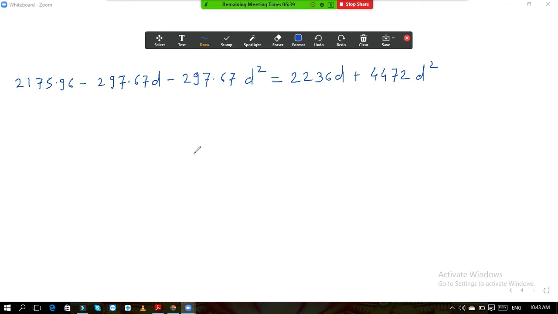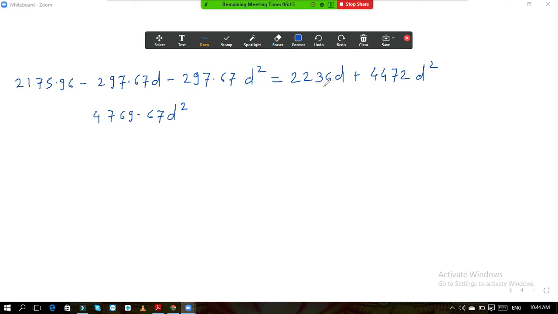4472 plus 297.67, so it is 4769.67 d square. Okay.